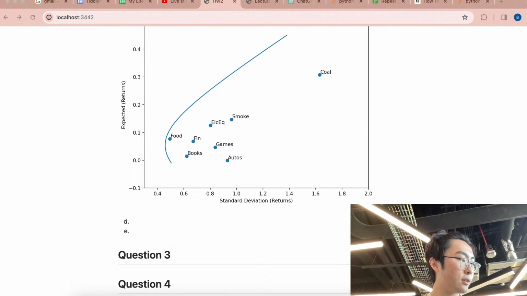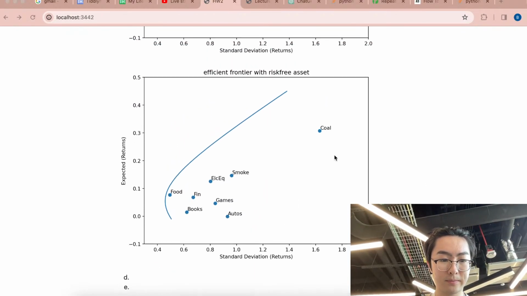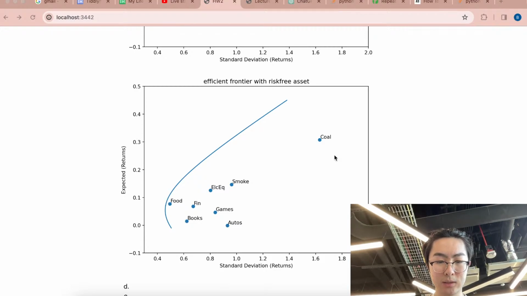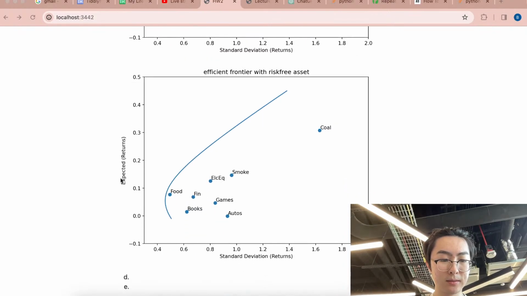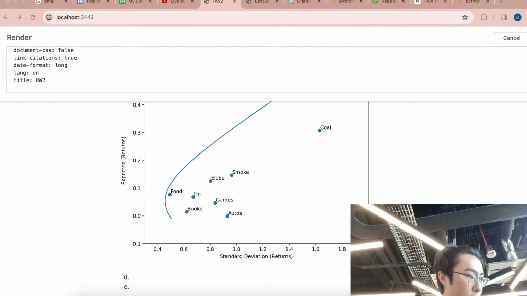Return offset is equal to... man, computer just froze again.